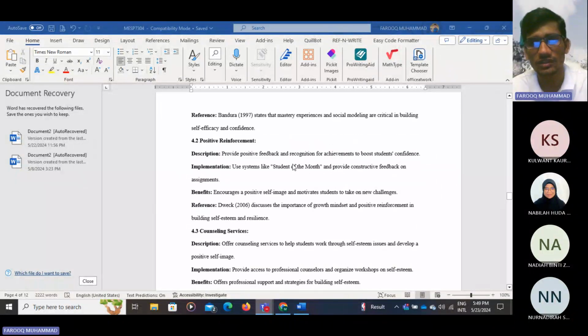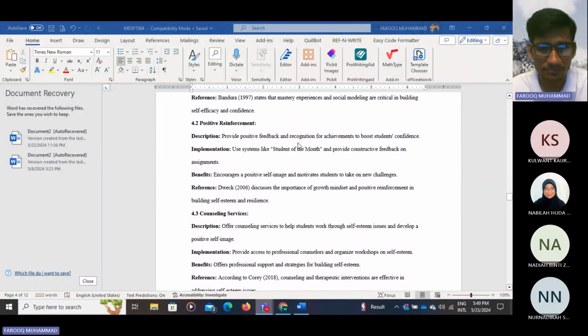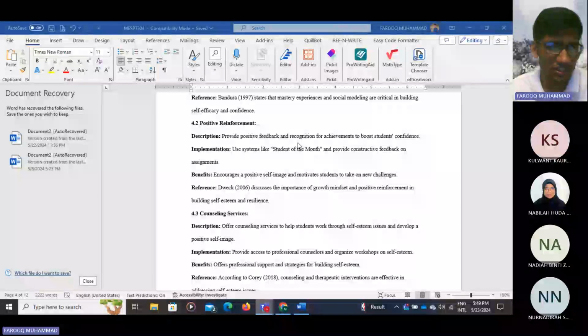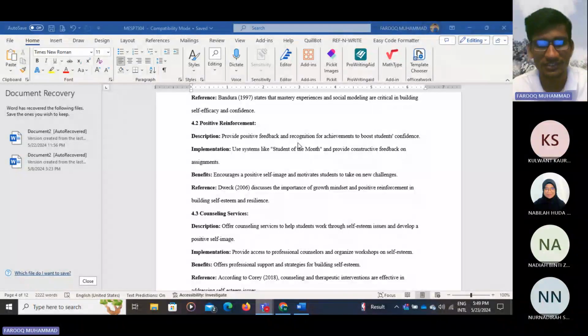The second solution will be positive reinforcement: feedback and recognition for achievement to boost students' confidence. If he or she is progressing gradually, then as a teacher we should boost their confidence and tell the students they are improving.